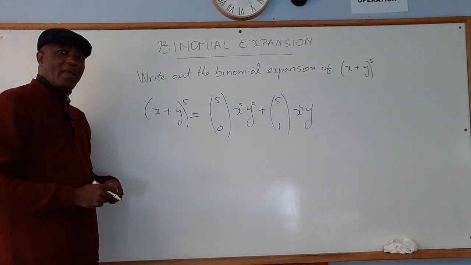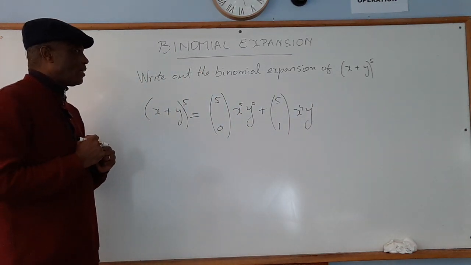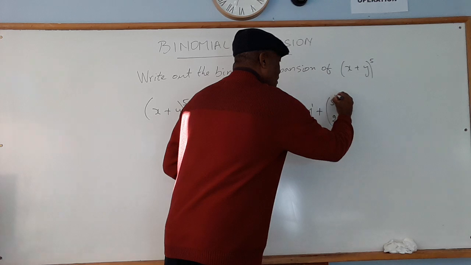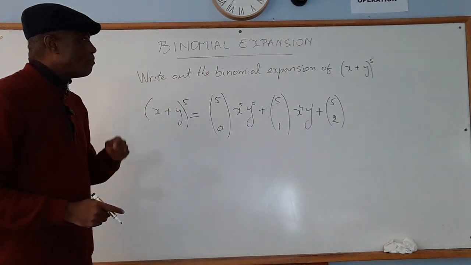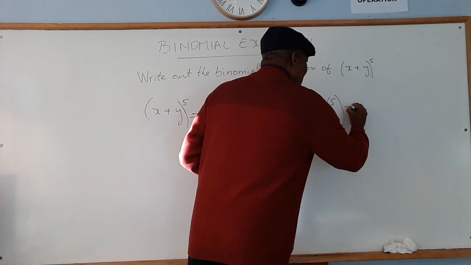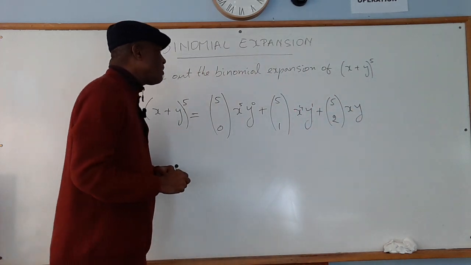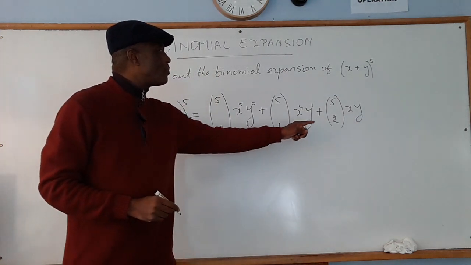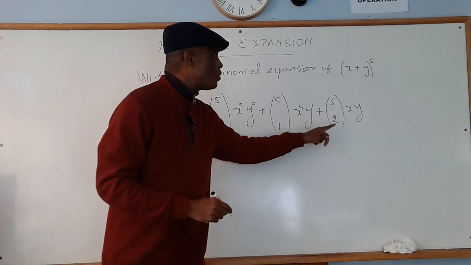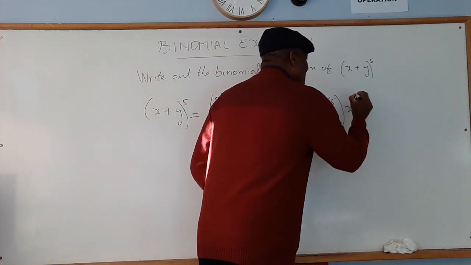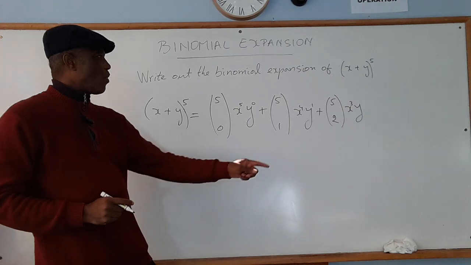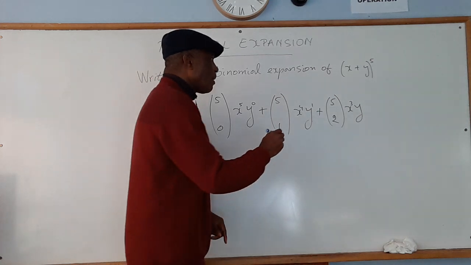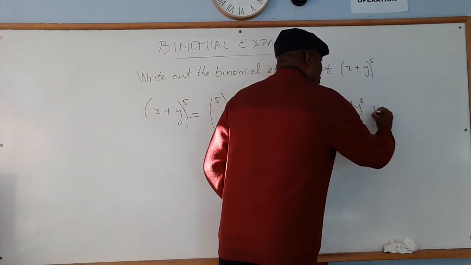And then the next term will be 5C2 multiplied by xy. What will be the power of x there? The power of x will be 5 take away 2, that is 3. And the power of y will be the 2 that we have there. I put 2 here. And then we go to the next term.